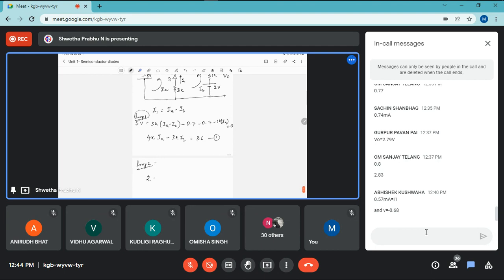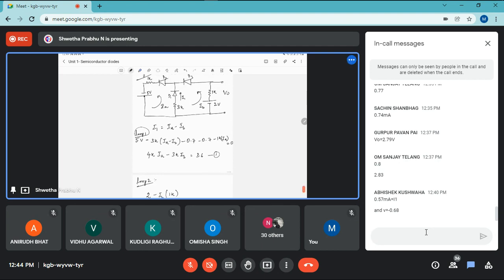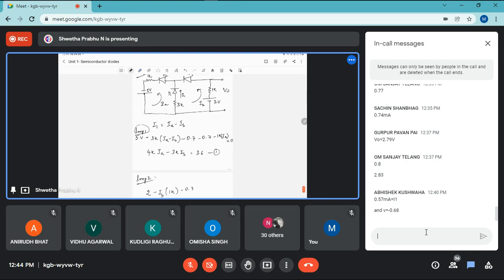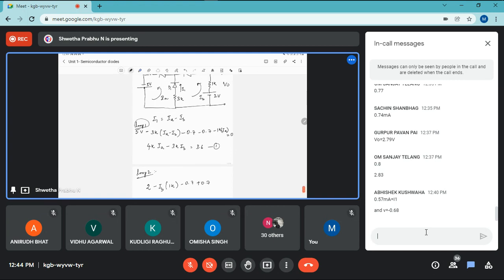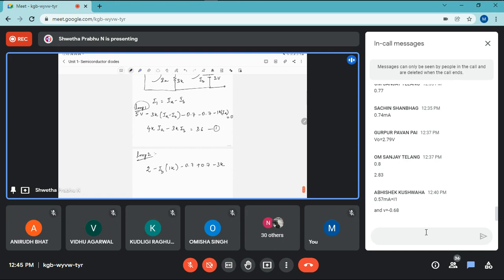It is 2 minus IB into 1K minus 0.7 plus 0.7 minus 3K into IB minus IA equated to 0.